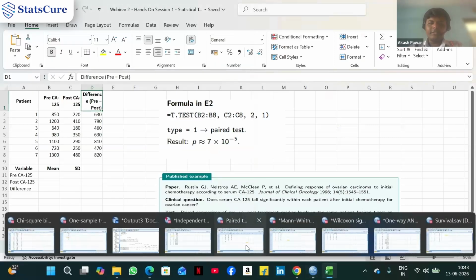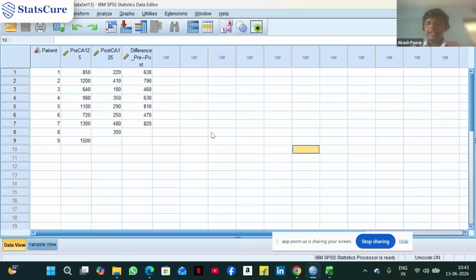In SPSS, you can see the data has been incorporated the same way, and you can also see some missingness manually incorporated there. For the 8th patient, the pre data was not taken and post was taken, hence the difference wasn't calculated. Similarly, for the 9th patient, we had the pre data but the post data was not there, hence the difference was not calculated.